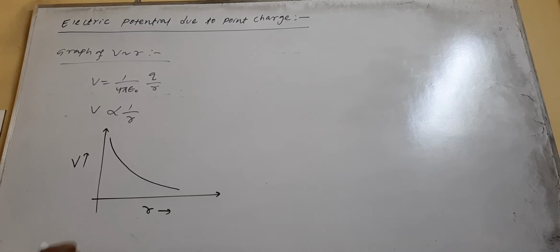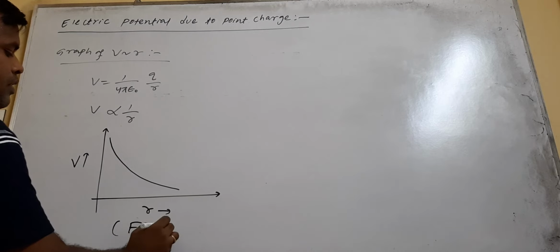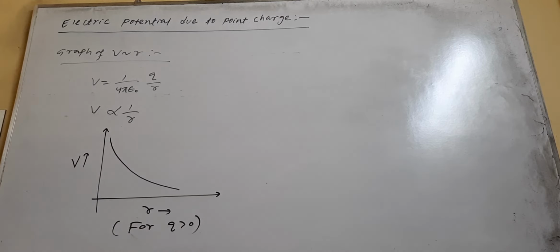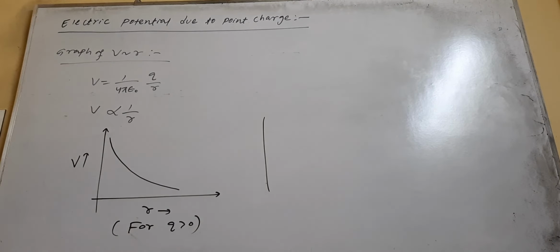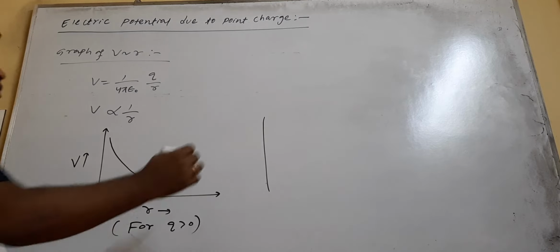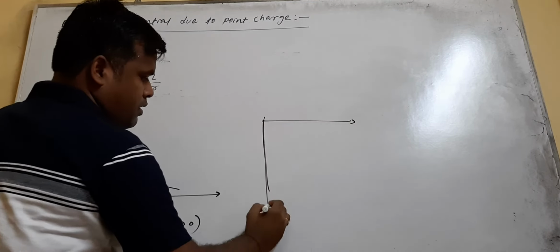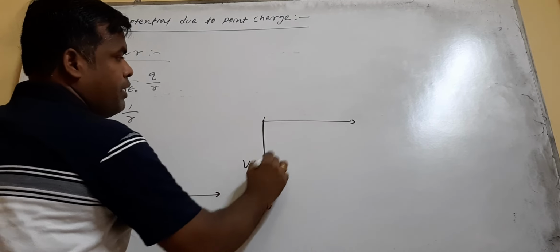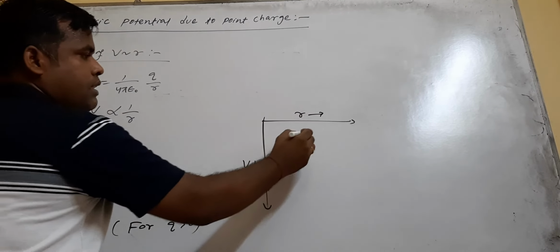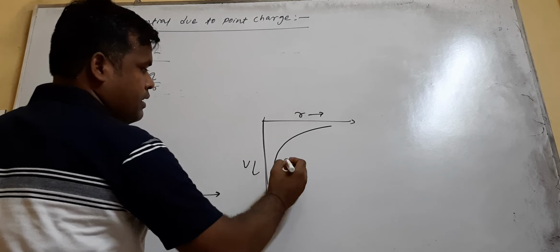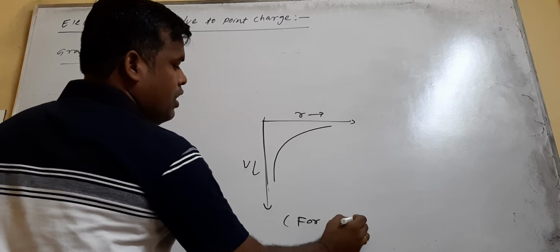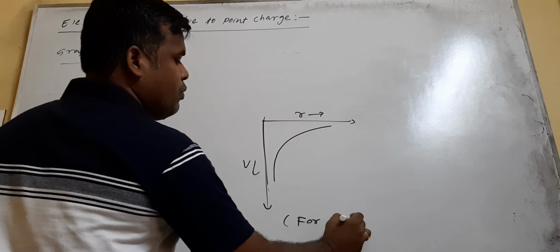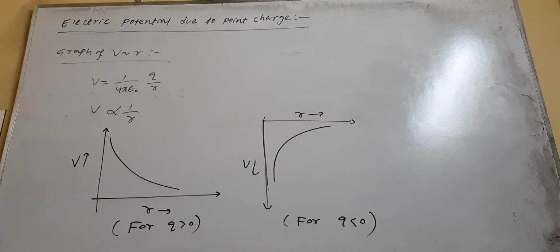And this is for positive charge, Q more than 0. For negative charge, electric potential will be negative, so the graph will be in the fourth quadrant. It is your electric potential, it is your distance. The graph will be like this. It is for negative charge. Negative charge means Q less than 0.